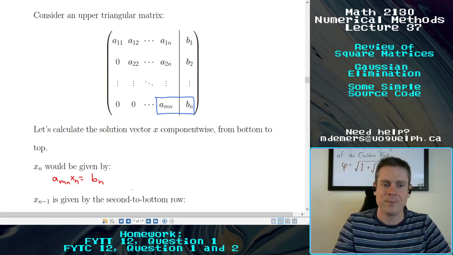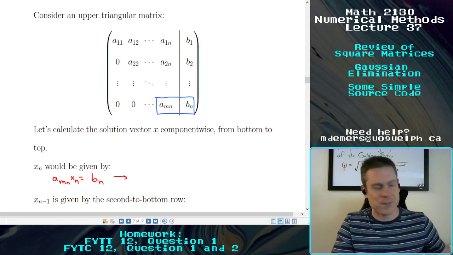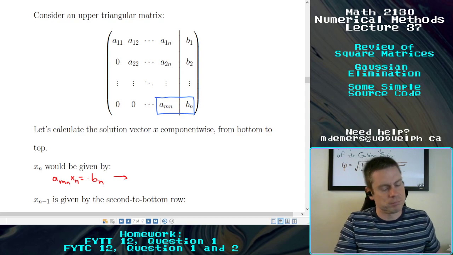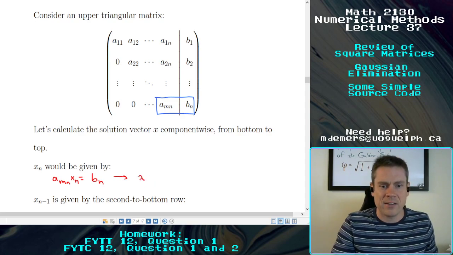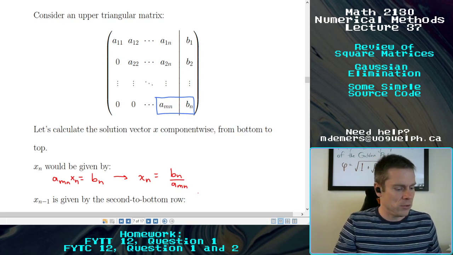That's what this says. And so if you wanted to solve for this thing, you're going to get xn equals bn over amn. So that's not a problem.